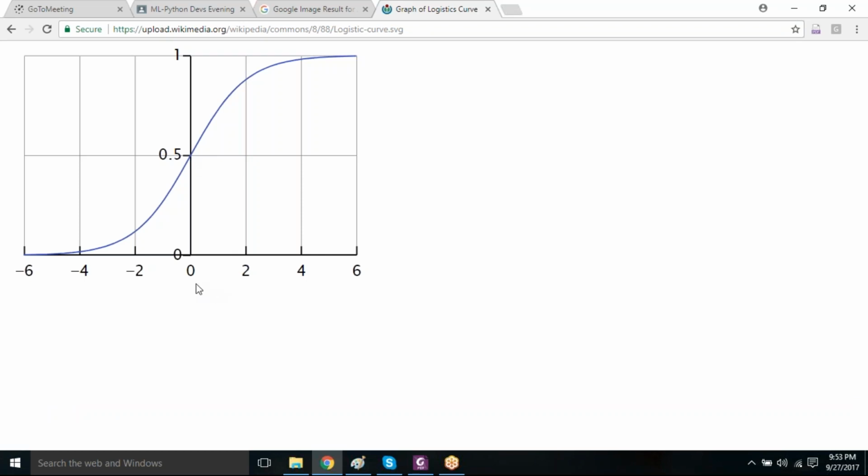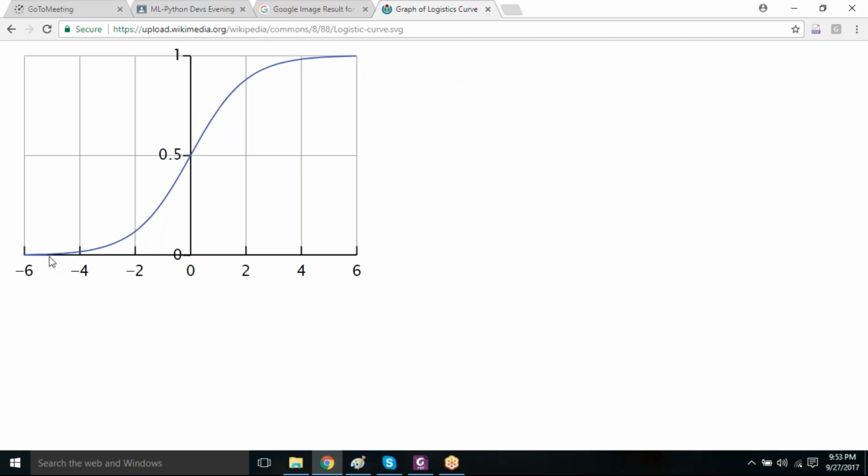So you see, if you go more than 0 towards infinity, it will always carry a value more than 0.5. Here they have shown it touching this line, but actually it never goes beyond this, it will always be near 1.